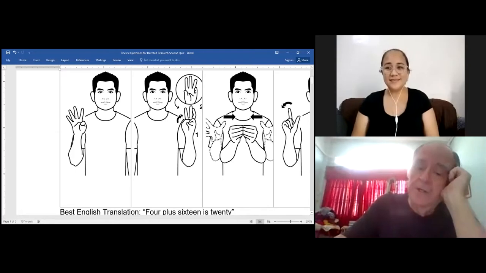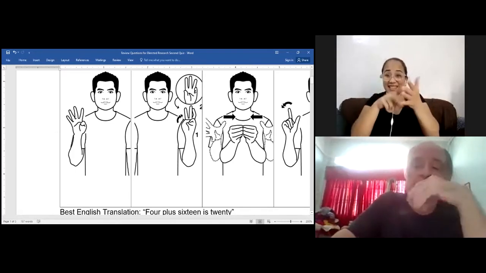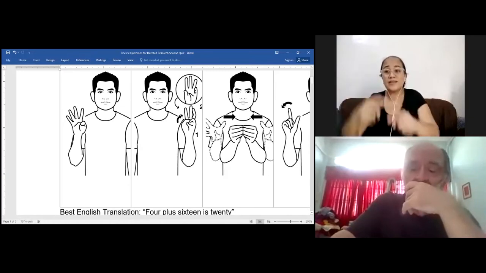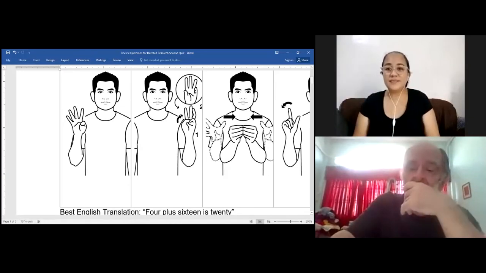Look at the English translation. It will help you. Meng is saying together 20. Jasmine, is together 20 the predicate? No.